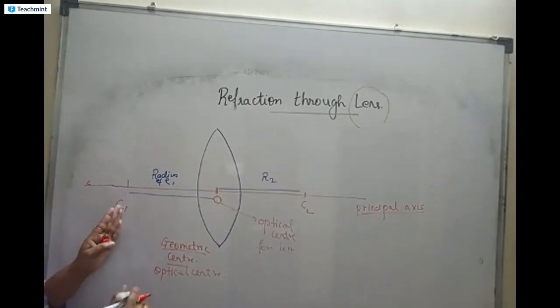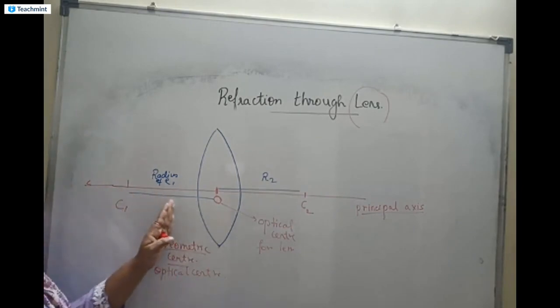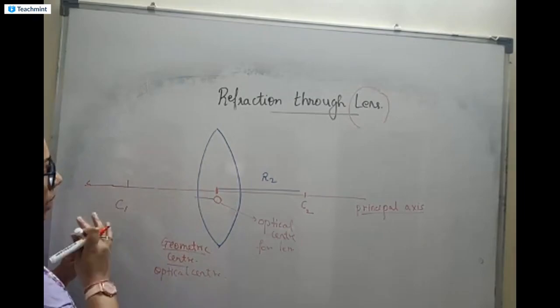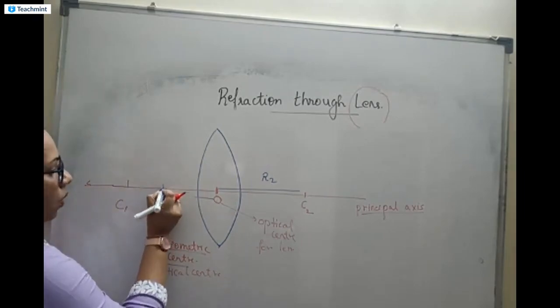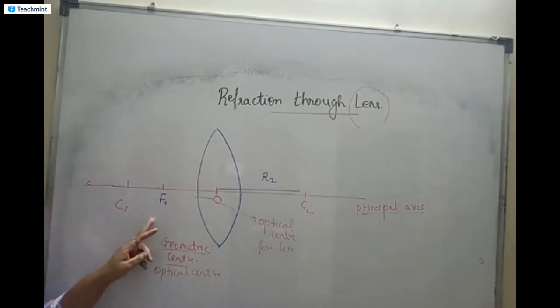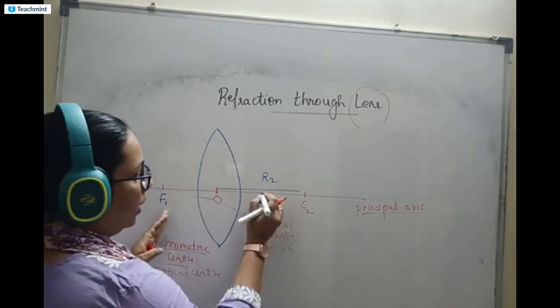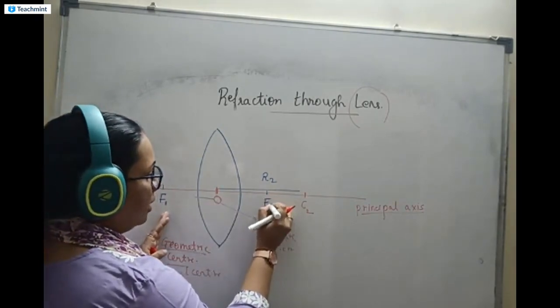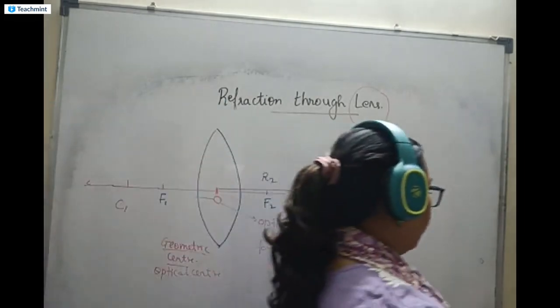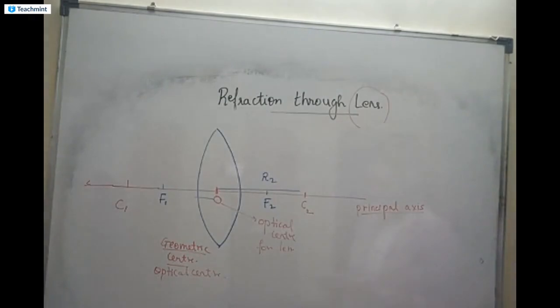Then between C1 and the optical center, the midpoint is called the focus or focal point. Because this is C1, this is going to be F1, and between the optical center and C2 the midpoint is F2, focus 2. So there will be two focuses and two centers of curvature. But that is just the convention for diagrams. They do have their own way to define it.